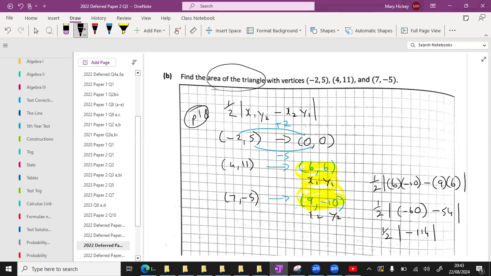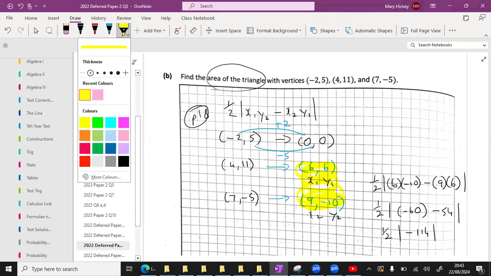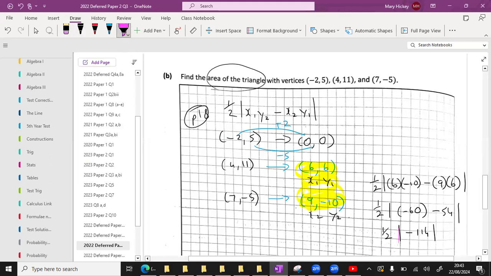Now, there's a very important symbol here that we haven't really spoken about yet, and that is these bars, and they represent absolute value, which means, and it doesn't happen very often in maths that I say, it means we can ignore the negative. Now, we're not ignoring it to make the question easy.